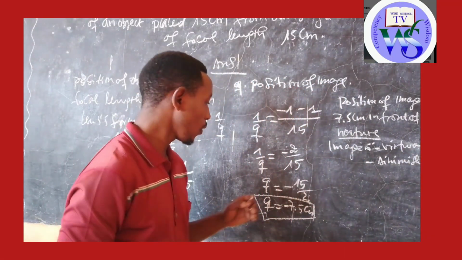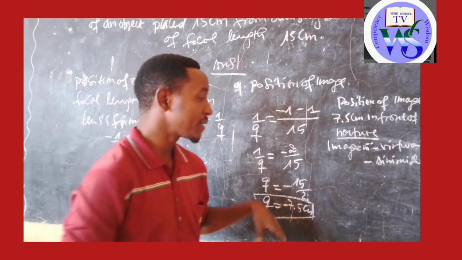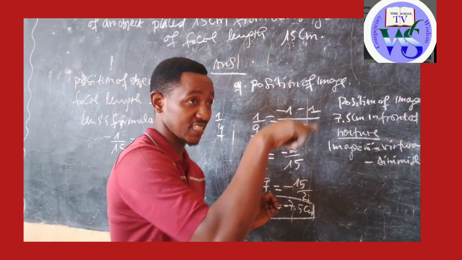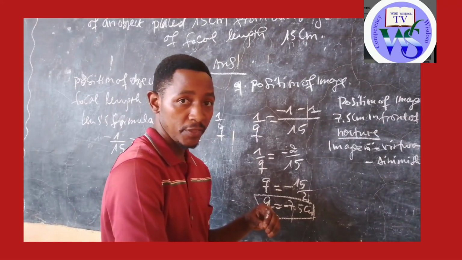Also, when you take the magnification, which is minus Q over P, we get a positive value.